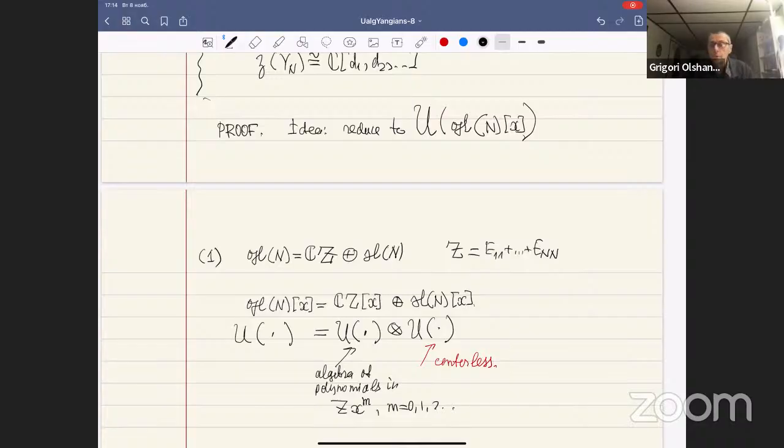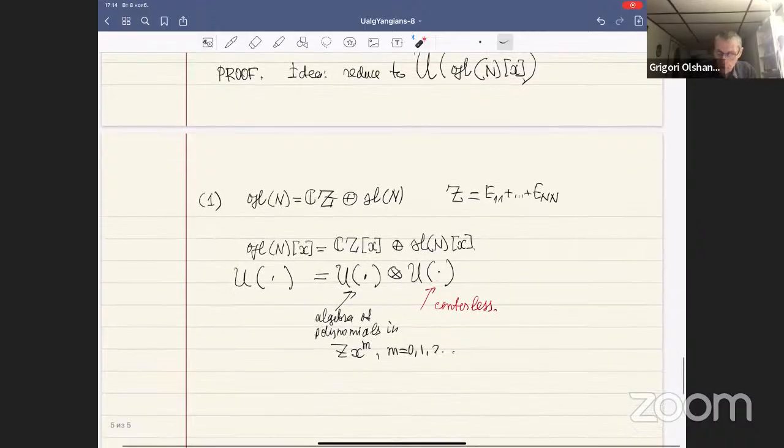So this is, in other terms, our universal enveloping algebra is the tensor product of the algebra of polynomials in a single variable, this one, and this algebra which has a trivial center. Okay. So the center, so the conclusion.